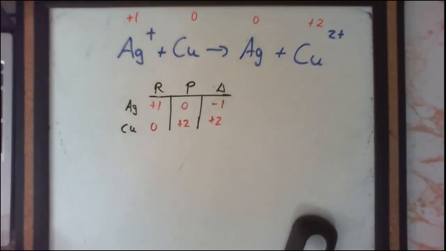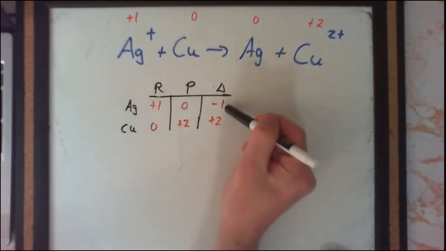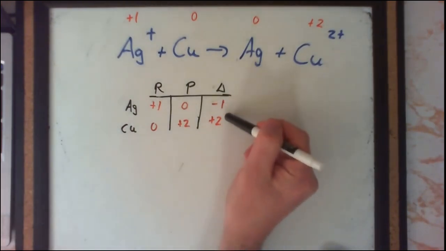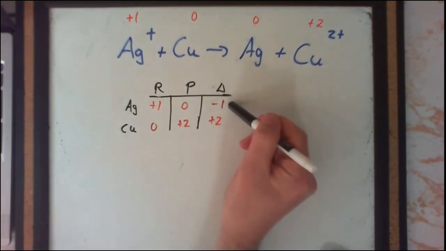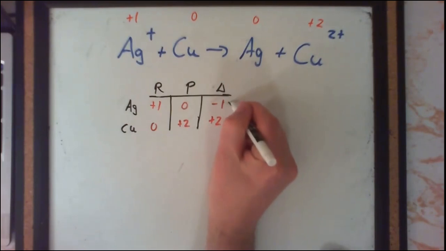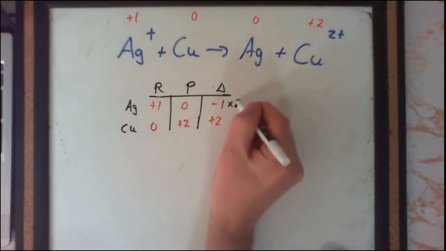So we go back to our example. We have a -1 and +2. The lowest common multiple of 1 and 2, ignoring the sign, is 2. So I have to think about how I can change this from a magnitude of 1 to a magnitude of 2. Well, I can do that simply by multiplying by 2.